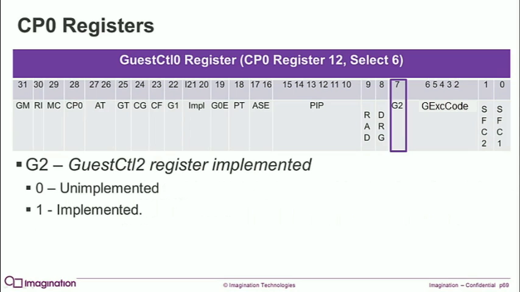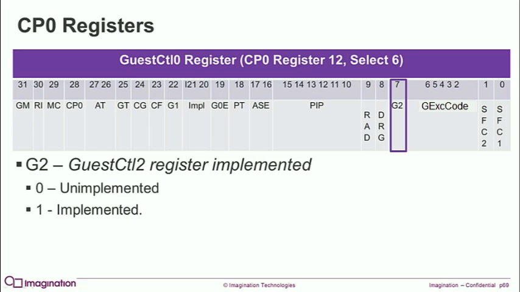The G2 bit indicates the presence of a CP0 root guest control 2 register. This will always be set if the processor uses an external interrupt controller and may be set if it does not. If the processor is not in EIC mode, then the hypervisor will use the root guest control 2 register to assert and deassert virtual interrupts to the resident guest OS.